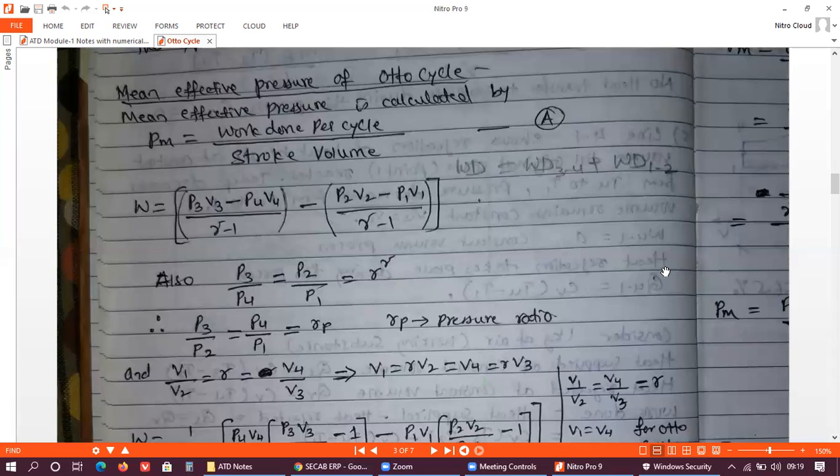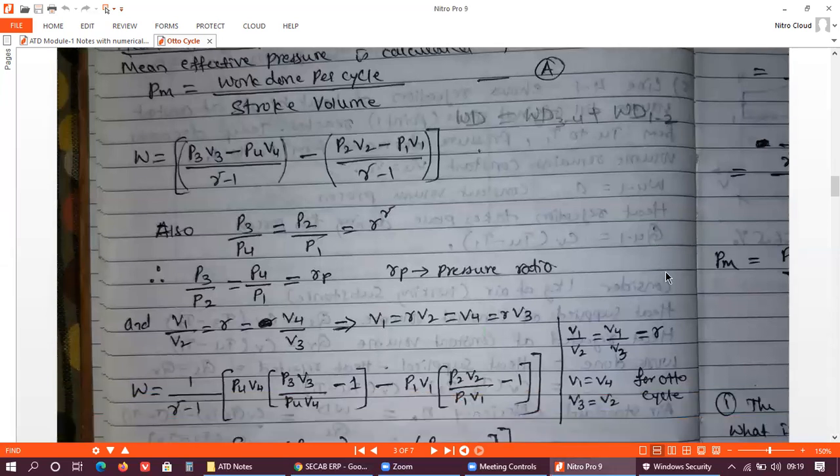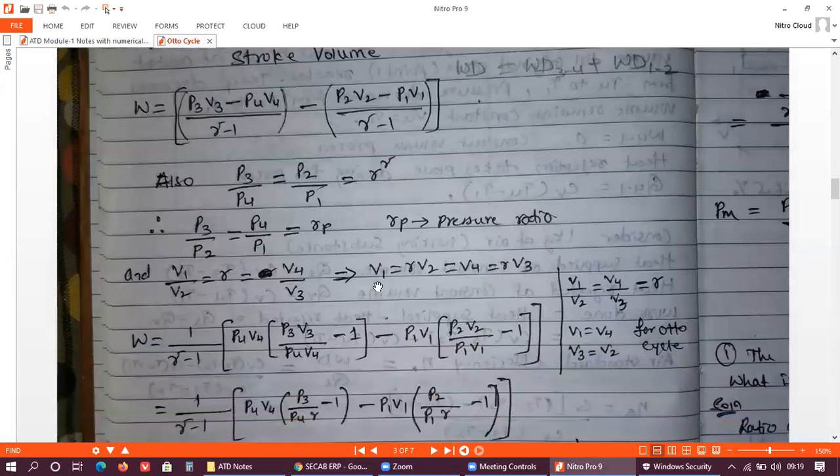We also know the volume ratio, that is V1 by V2 is equal to R. This is the compression ratio. V1 by V2 is equal to R, and this compression ratio is also equal to V4 by V3. So three things you have to remember. The very first is P3 by P4 is equal to P2 by P1 is equal to R raised to gamma.